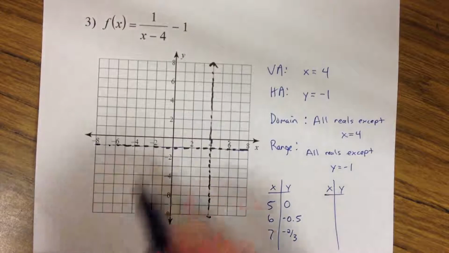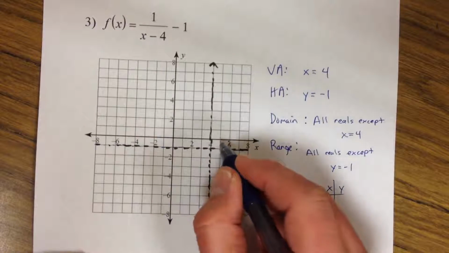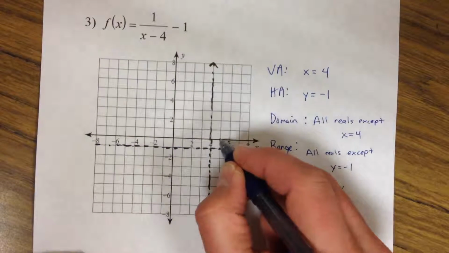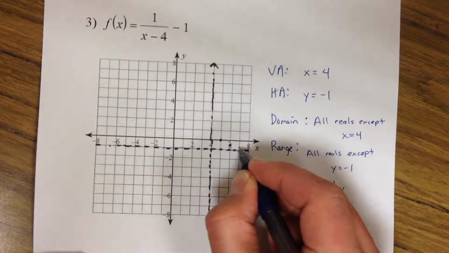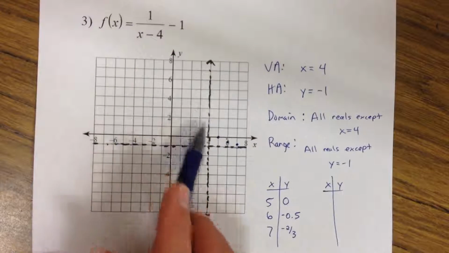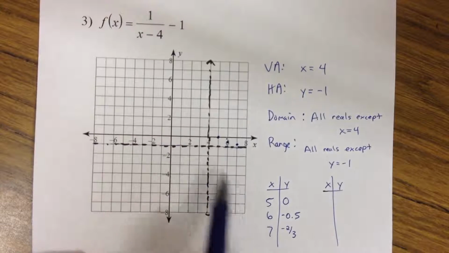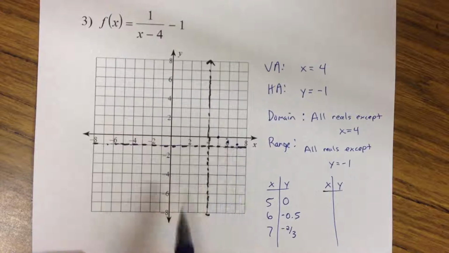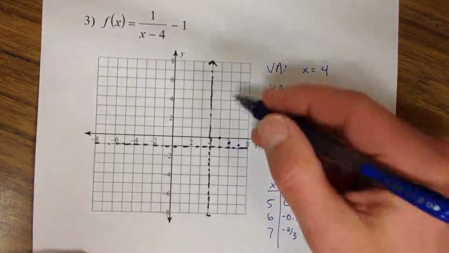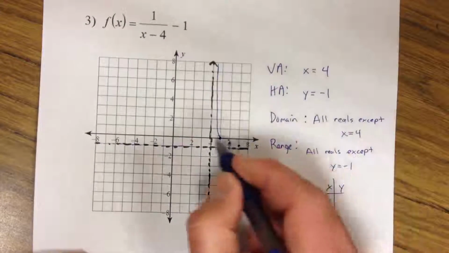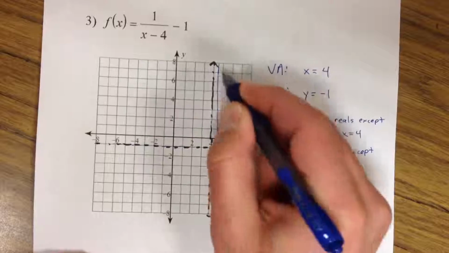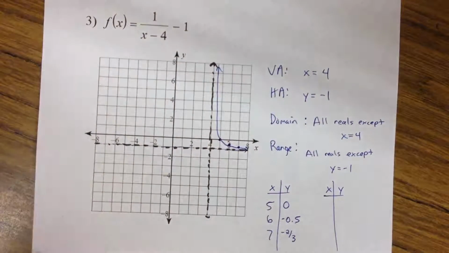So when I plug in 5, I get 0. Plug in 6, I get -1/2. -2/3. It's just basically getting a little bit closer to -1 as I go. Here's something that looks like that.